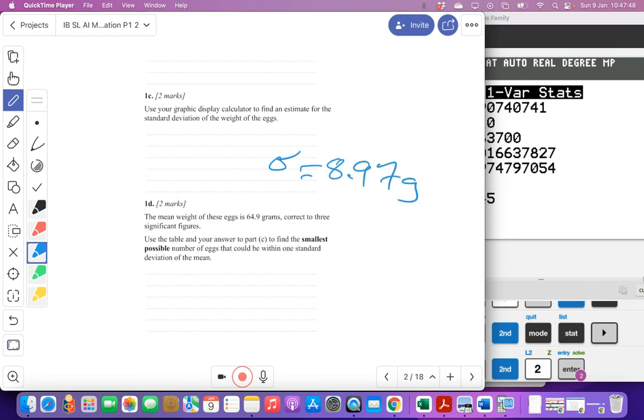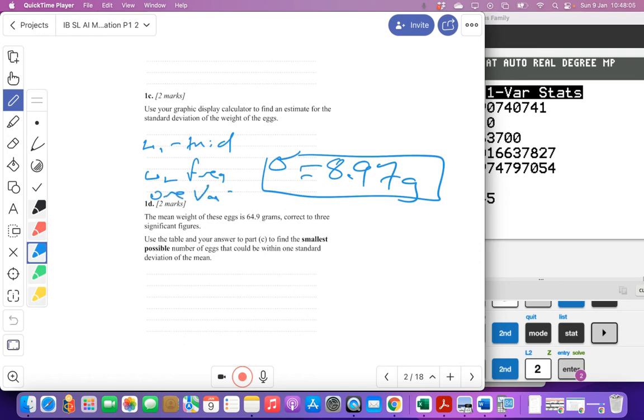All right, then I could say that I used the TI-84 and list 1 was midpoints and list 2 was frequencies, and then I did one variable stat. That's my workings.